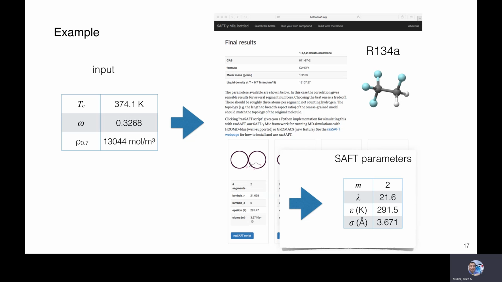The other one is the acentric factor, which is basically a point in the vapor pressure curve. And a liquid density at 0.7 of the critical temperature, which again is just one point in the density curve. And with this information, we can obtain the 4 SAFT parameters that we would need for the model.